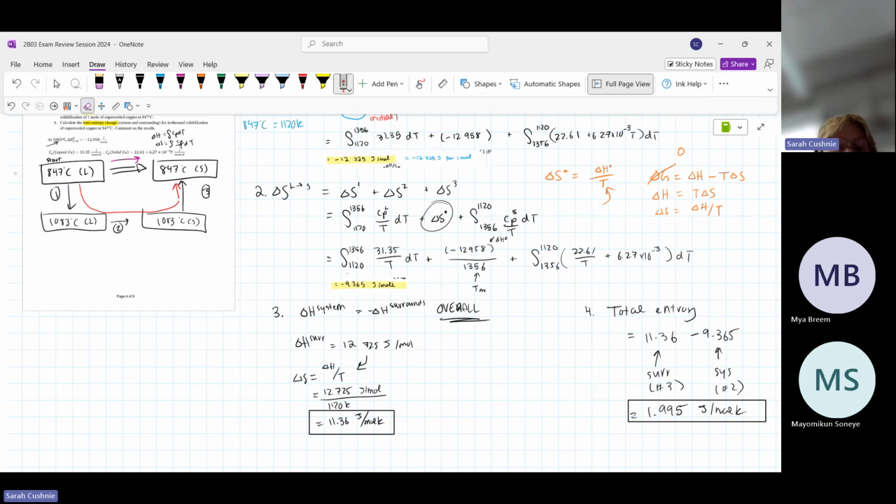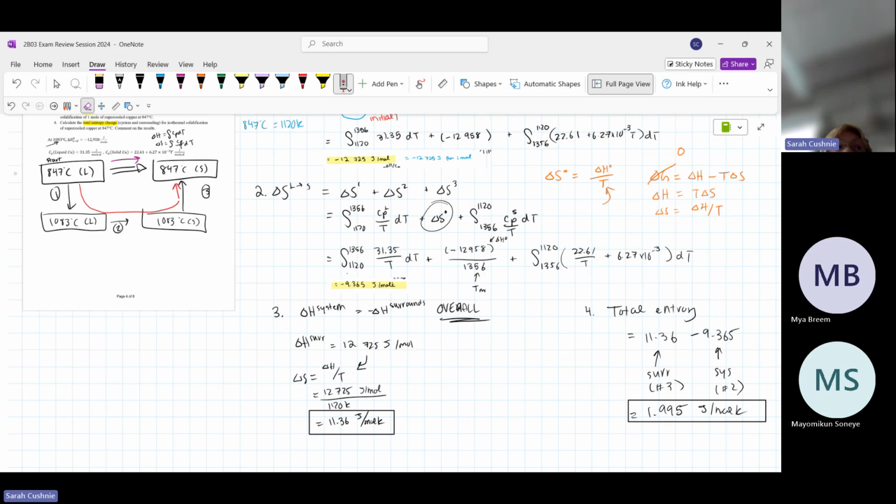The entropy of the surroundings, however, I like to think of it in this case as you're not really changing any of the particles in the surroundings, right? You're not adding particles of gas or changing the bonding of the surroundings, which can change the entropy. What we're doing with the surroundings is changing the heat that's available.